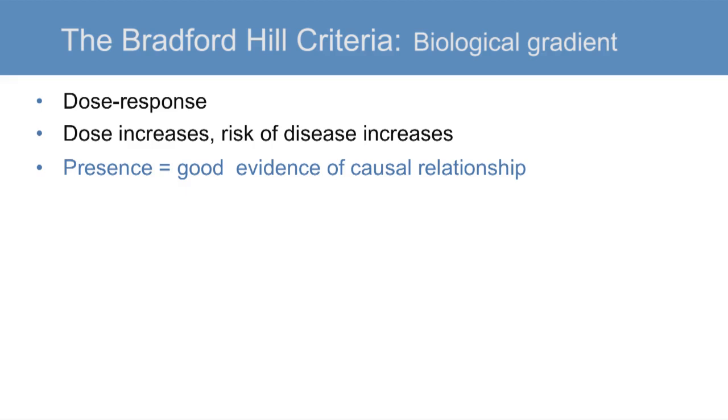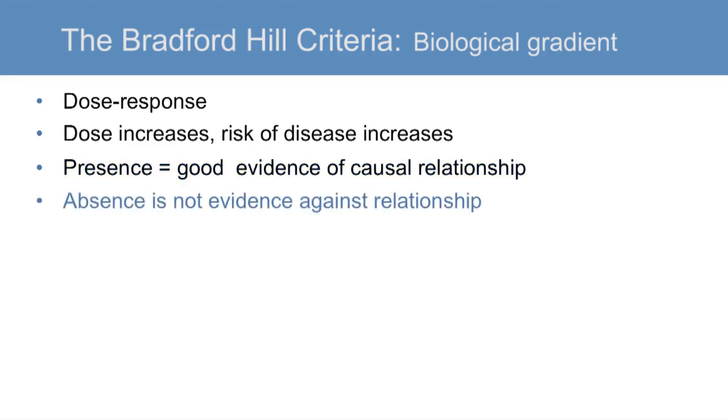However, its absence should not be taken as evidence against such a relationship. Some diseases do not display a dose-response relationship with a causal exposure. They may demonstrate a threshold association where a given level of exposure is required for disease initiation, and any additional exposure does not affect the outcome.